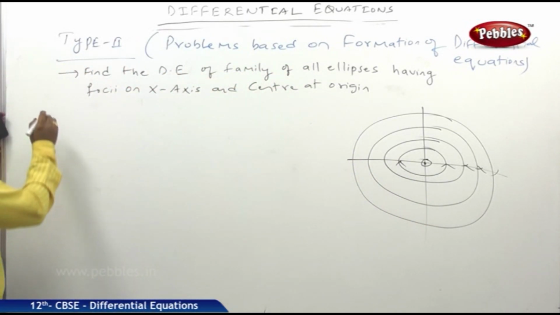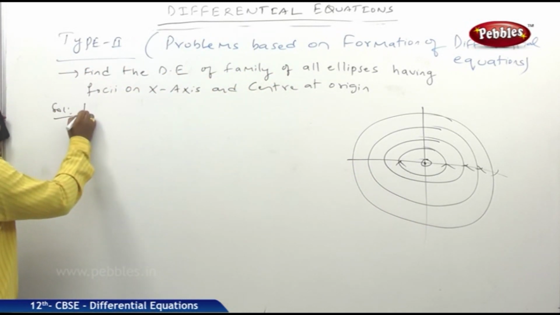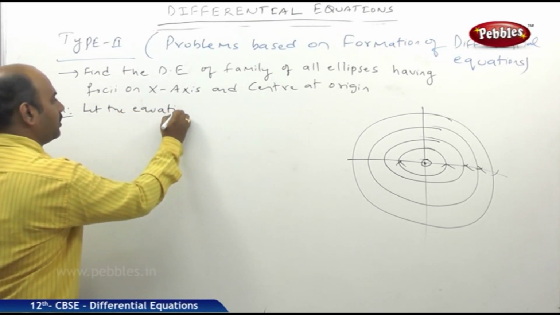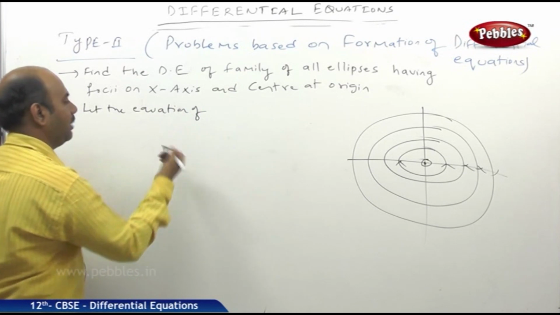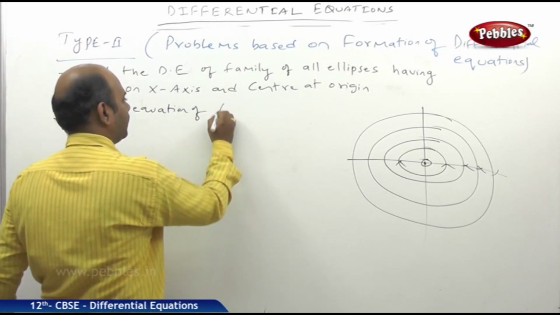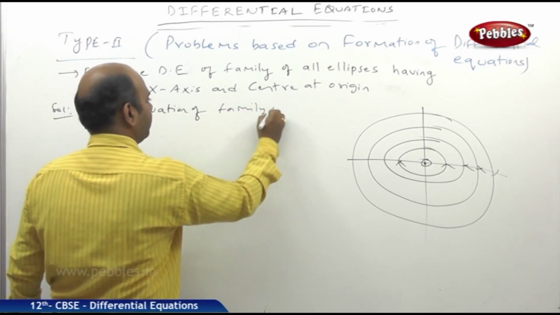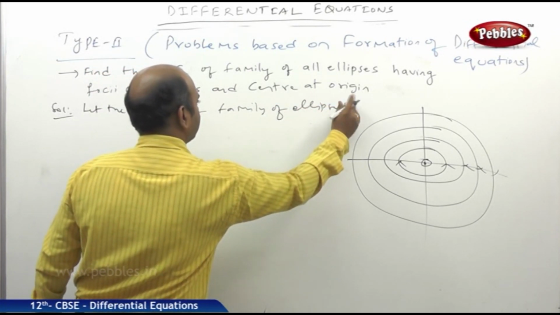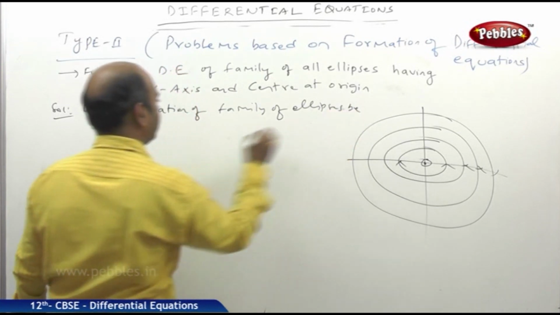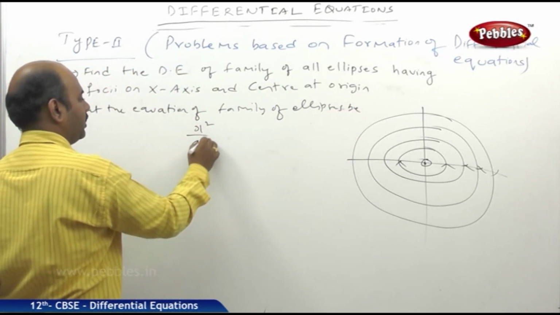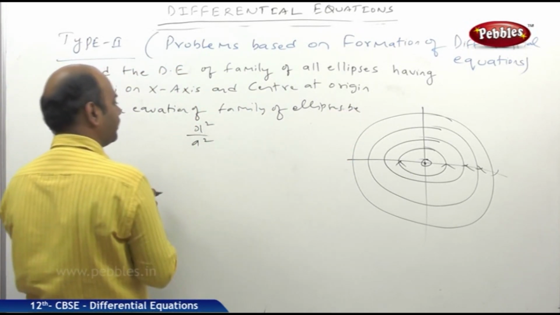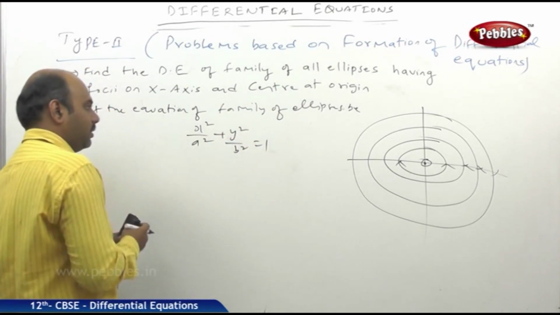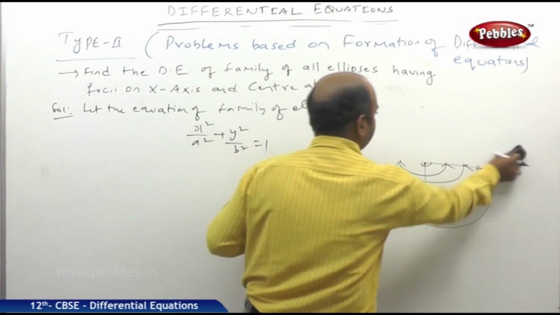Now, let the equation of the family of ellipses be x square by a square plus y square by b square is equal to 1. I am erasing this figure now.